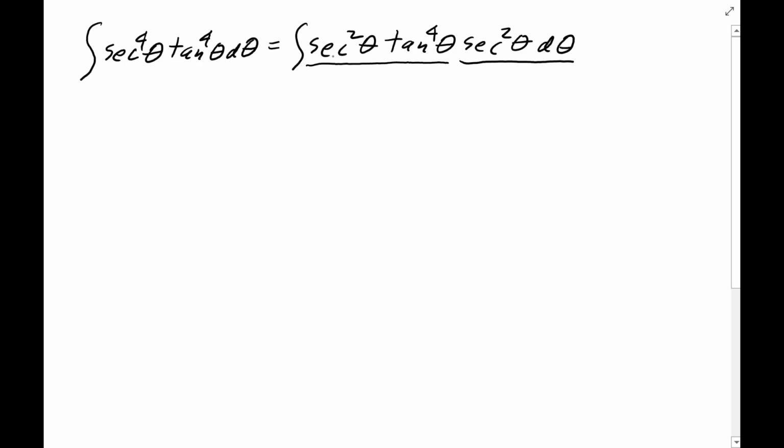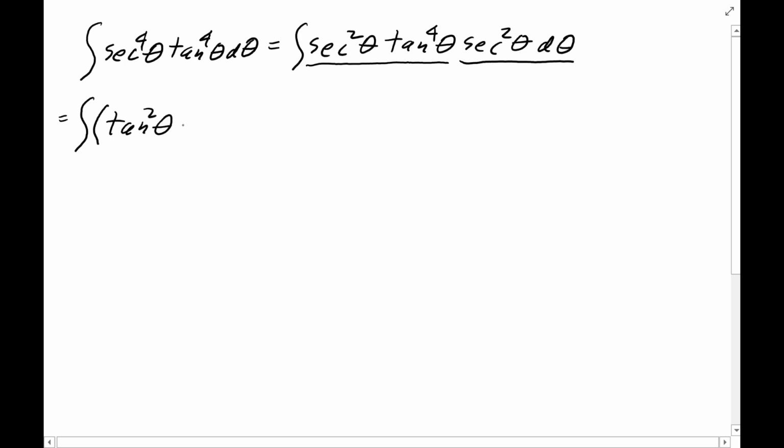How do we convert that secant squared into tangents? Well, again, we fall back on those Pythagorean identities. And secant squared theta is tangent squared theta plus 1. And then it's times tangent to the 4th theta. Then we've got our secant squared theta d theta.